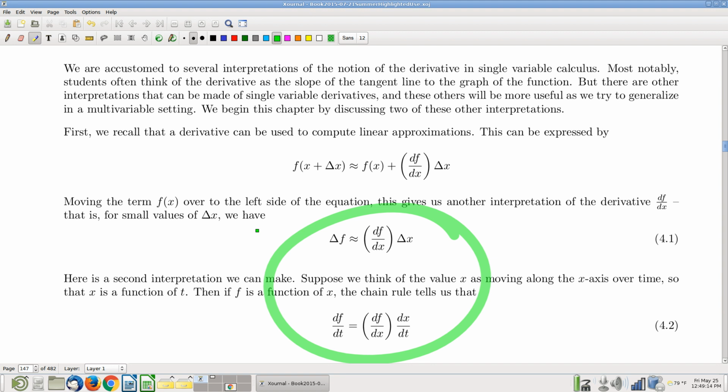Slope of the tangent line, let's think it through a little bit here. Slope of the tangent line to what? Slope of the tangent line, well, to the curve. The curve representing the function, the graph. Right? Thinking of derivatives as slopes of tangent lines assumes that the curve you're looking at is the graph of the function. Said differently, this interpretation of derivatives only makes sense if you're looking at a graph of a function.